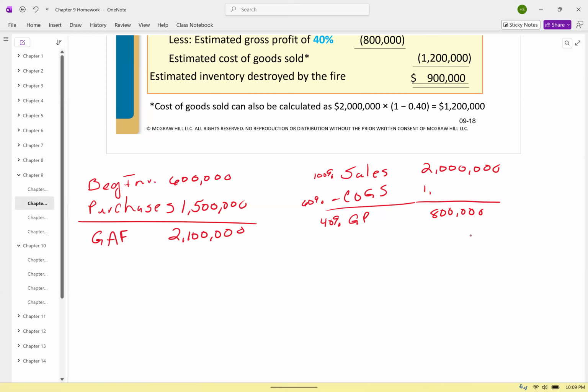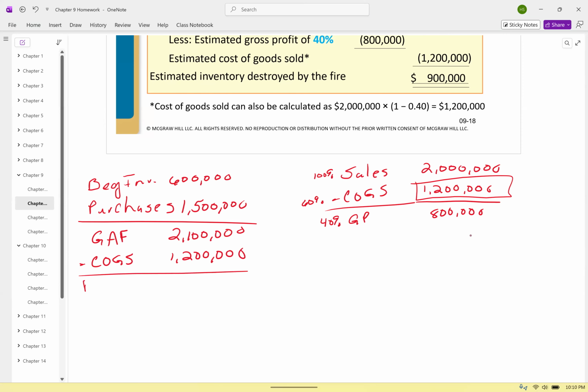I could have taken 60% of the 2 million and still gotten the 1.2 million. So we need this number to come over here and we're going to subtract cost of goods sold of 1.2 million.